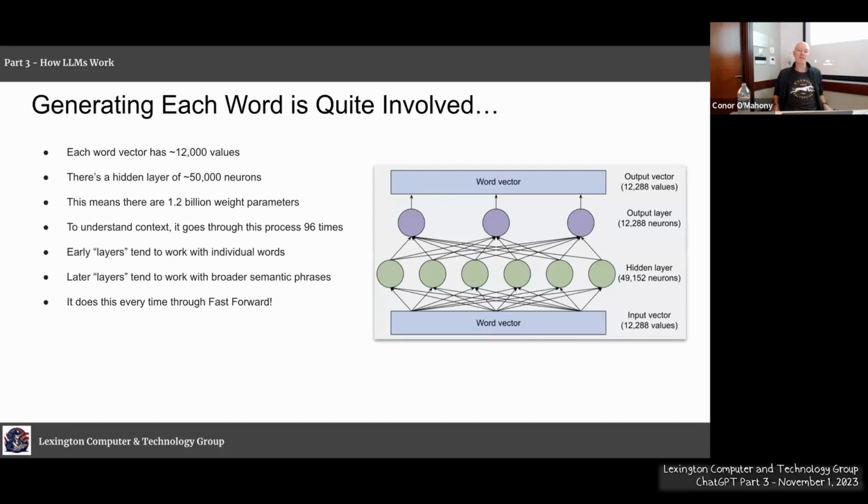So now you can start to maybe get a feel for why operating these systems is so expensive for OpenAI to provide this service. Because every time you're doing a prompt, you're getting back paragraphs of text in a response. Well, it's a tremendous number of operations for each word in that paragraph.